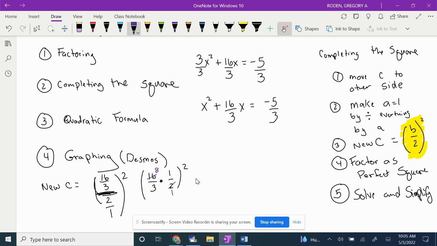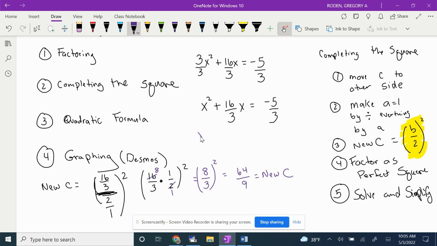So now, what I'm going to get is 8 over 3, but then I've got to square that answer. Okay, so that's going to give me 64 over 9. That's my new C. Does everyone understand that? 64 over 9 is my new C. So what I'm going to do is take that C and add it to both sides.